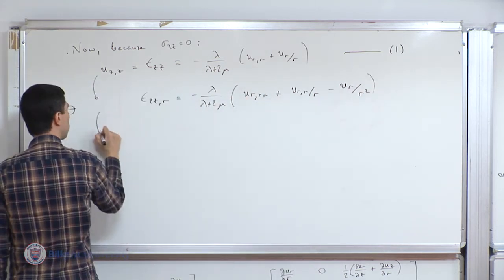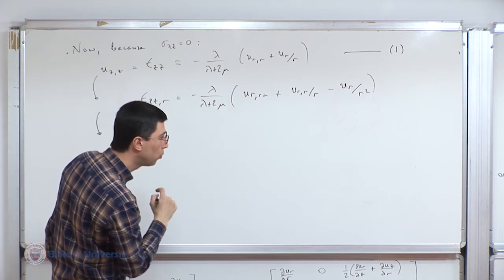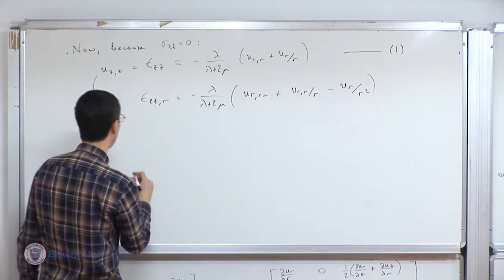And now, just to get a similar term, I multiply with 2 times Poisson ratio times R squared.